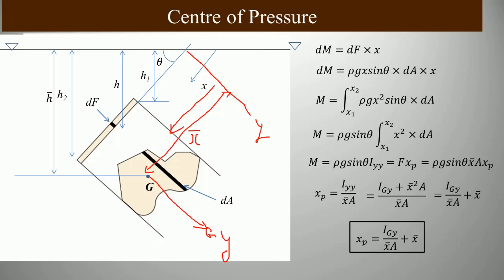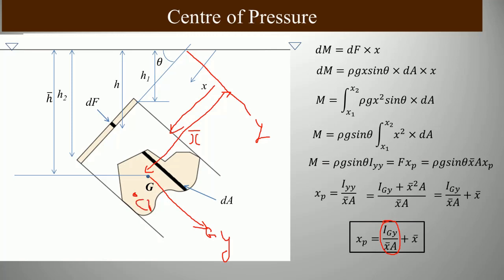That means xp should be greater than x bar, because it is something plus x bar. You see, Igy, the moment of inertia with respect to the center of gravity, cannot be negative, x bar cannot be negative, A cannot be negative. So this has to be a positive quantity. Since this is a positive quantity, xp should be greater than x bar. So my center of pressure is somewhere here.